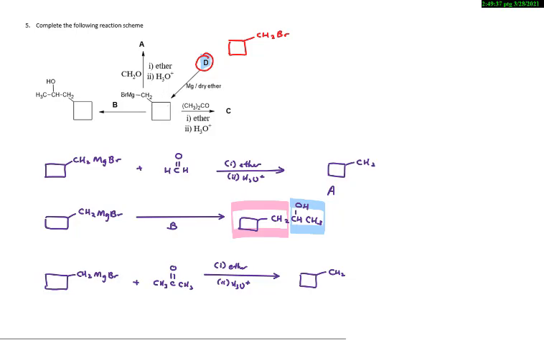Magnesium inserts between bromine and carbon. The starting material D is our haloalkane. So magnesium enters between carbon and halogen, creating a delta positive magnesium and a delta negative, nucleophilic carbon.